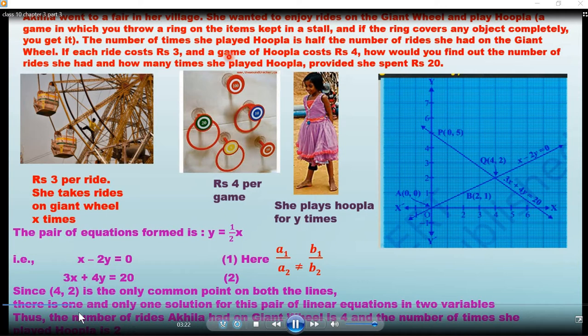Once again, now suppose she is sitting on rides X times. You have to take half of X times, then you will get Y. It means she is playing hoopla Y times, which is half times of X. On applying this condition, you get an equation X minus 2Y is equal to 0.